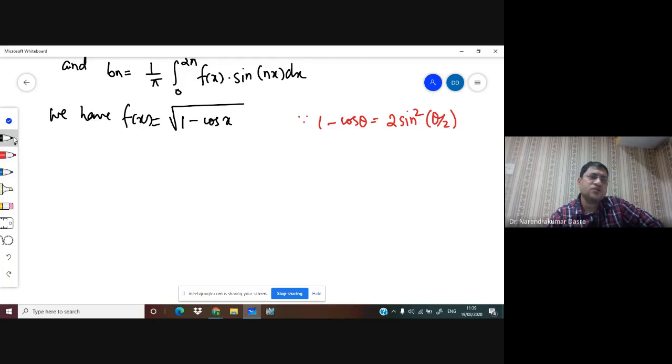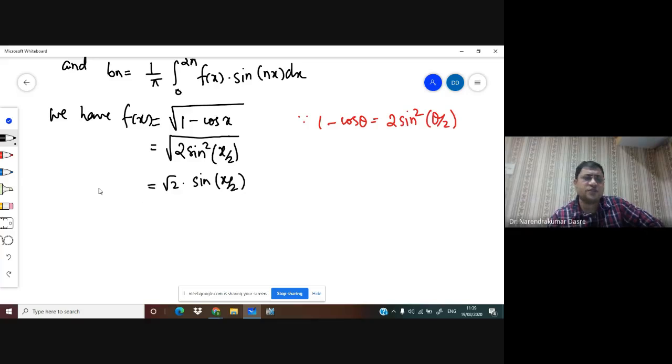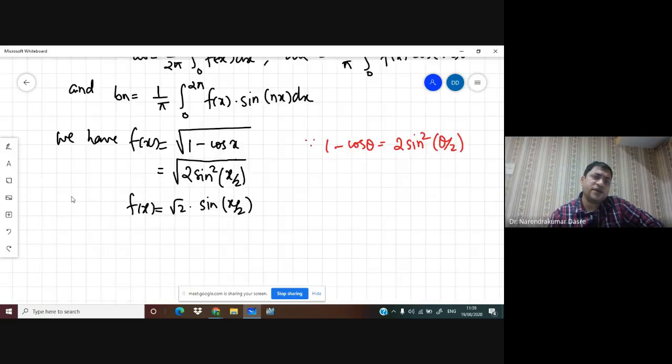So we can write this as square root of 2 sine square x by 2, and hence we can write this as root 2 sine of x by 2. So this is the function that we have. It is important to understand the function.